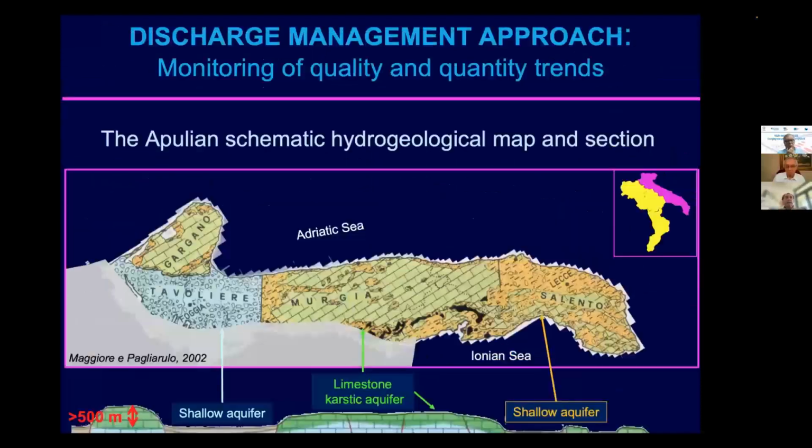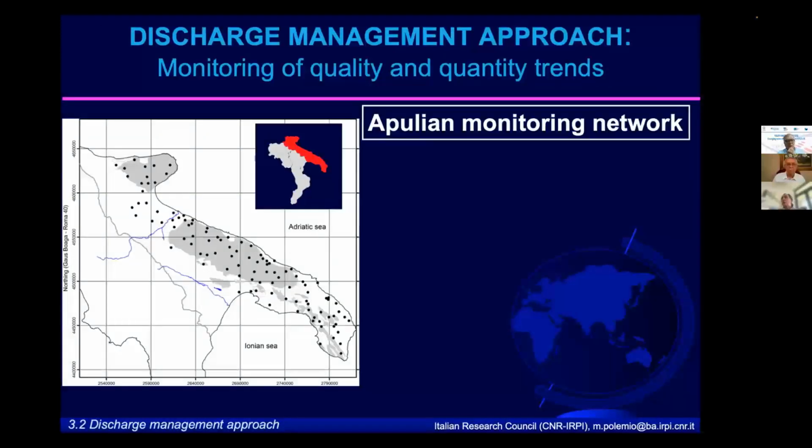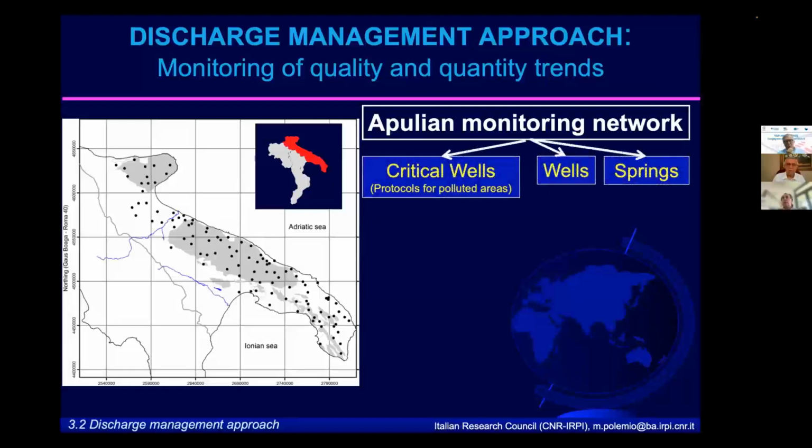But in any case, the approach to the management of this aquifer offers some examples. This is the approach using monitoring. The Apulian monitoring network considers wells, springs, and critical wells. The critical wells are mainly used for polluted areas, close to industrial and urban areas.